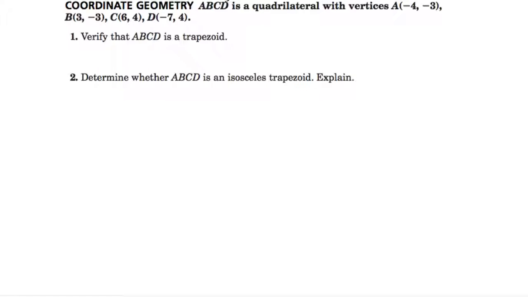Okay, so we want to find out if this is a trapezoid. So we have these four corners. In order to verify that this is a trapezoid, we need to show that exactly two sides are parallel. So we need to show that the slope of side AB is equal to -3 minus -3 over -4 minus 3, which is 0 over 1.